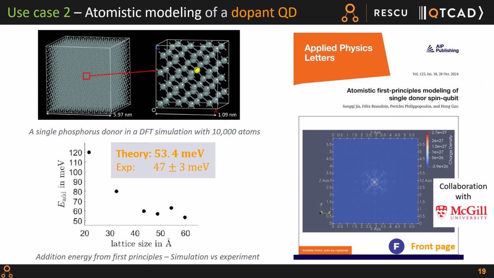And this approach led us to a charging energy that was very comparable to the experimental value, completely from first principles without any experimental input. We also plotted the two-body wave function of electrons bound to the phosphorus donor, and this was deemed interesting enough by Applied Physics Letters editors to put it on the front page.